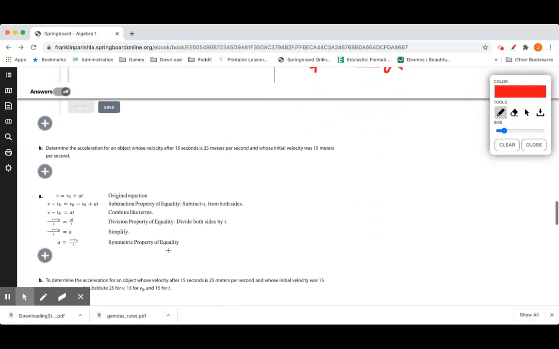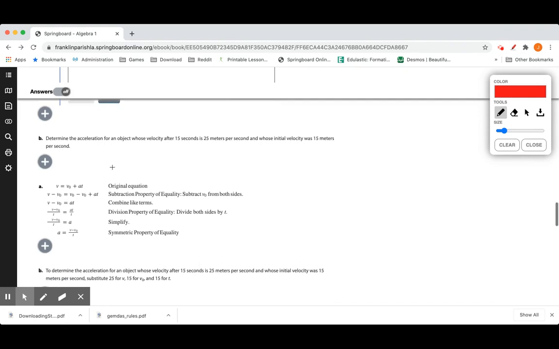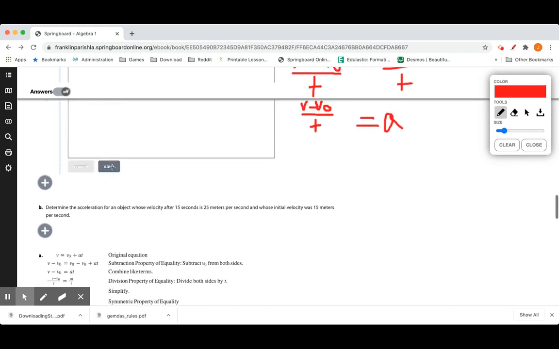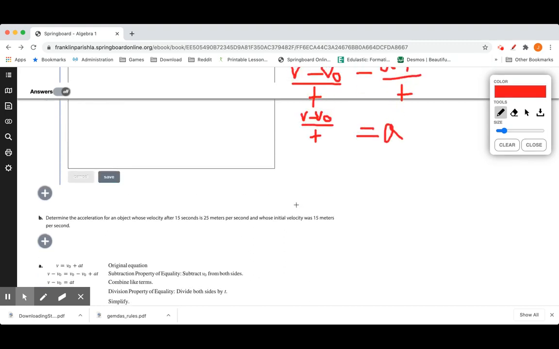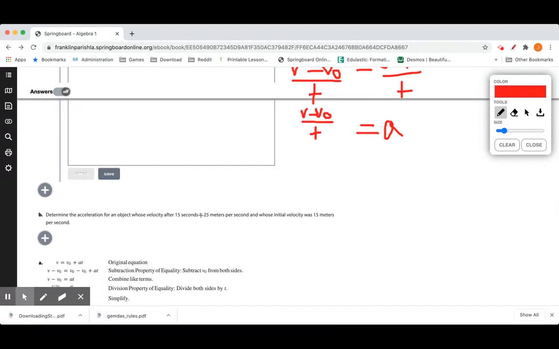Determine the acceleration for an object whose velocity after 15 seconds is 25 meters per second and whose initial velocity is 15 meters per second. Well, we're just going to plug our numbers in. So determine the acceleration after 15 seconds. That's the time. That's how long it took.